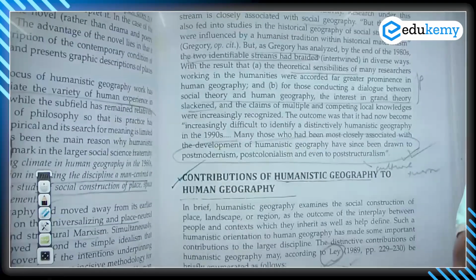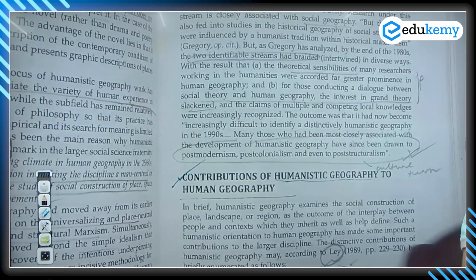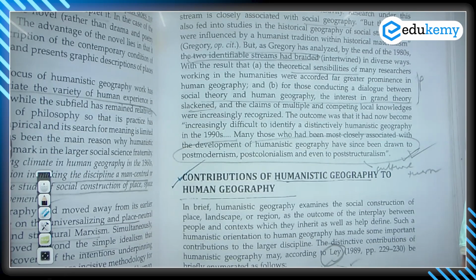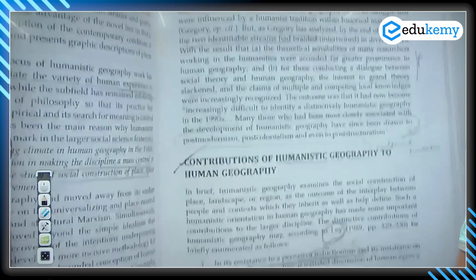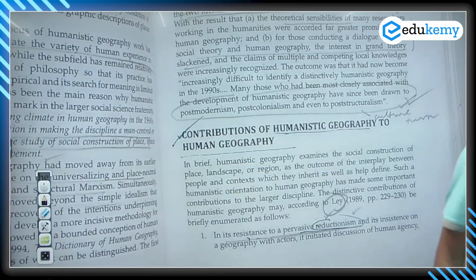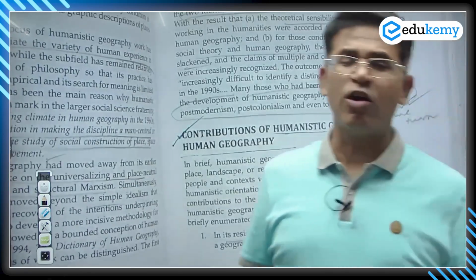You can add one more thing to this: from this you have the concept of place, the concept of topophilia, the concept of place identities.